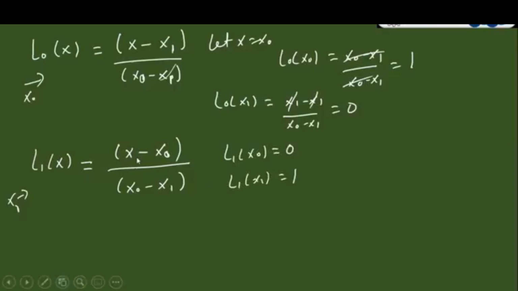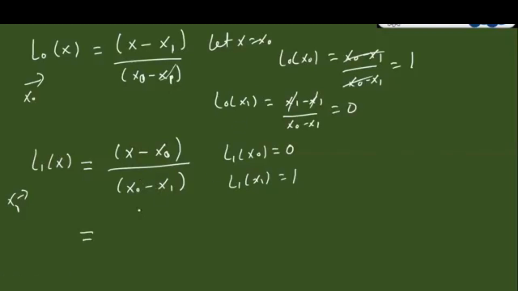If I put x1 here, I will get x1 minus x1 divided by x naught minus x1, which is not correct. I am not getting the correct solution based on how I defined it. Okay, so I have to define it properly.